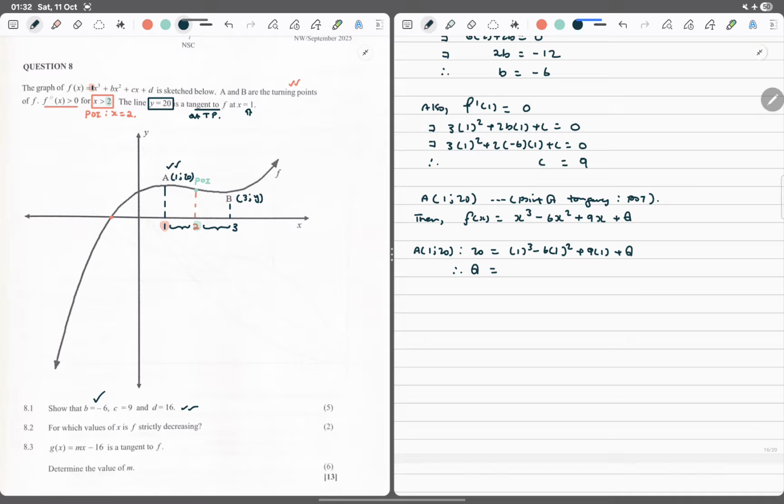Therefore d is, so we're going to take 20, subtract the sum of these, 1 minus 6 plus 9. We get 16. Okay, so this is done, guys. We found all those variables.